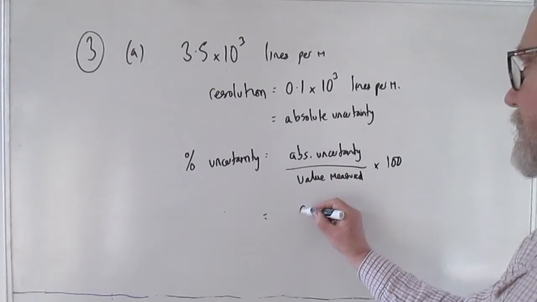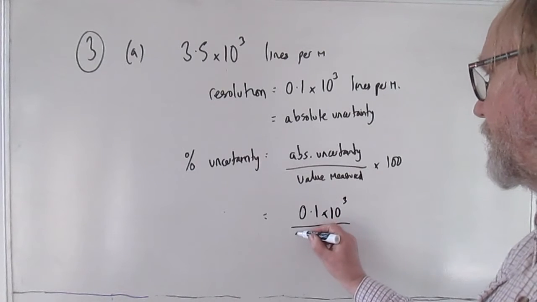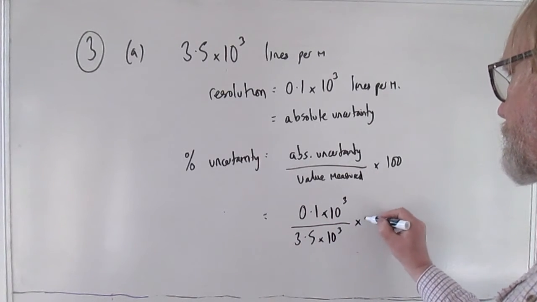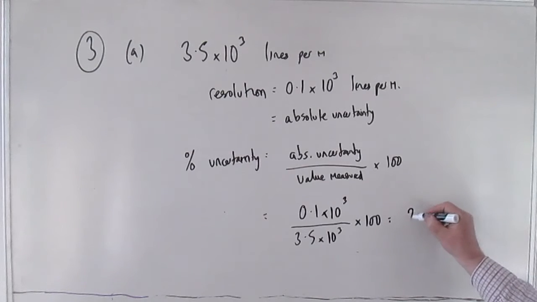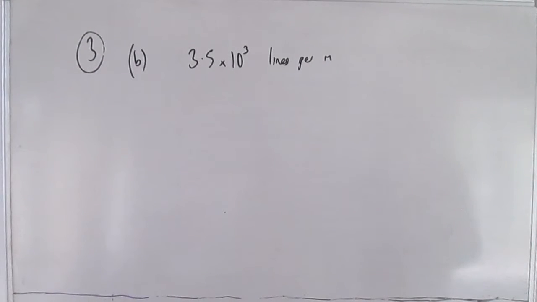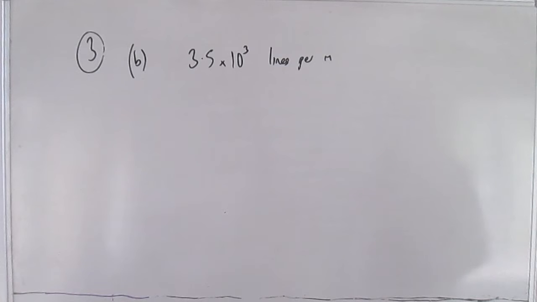Okay, so that's equal to 0.1 times 10 to the 3 divided by 3.5 times 10 to the 3 times 100, which works out as 2.9% is our uncertainty.